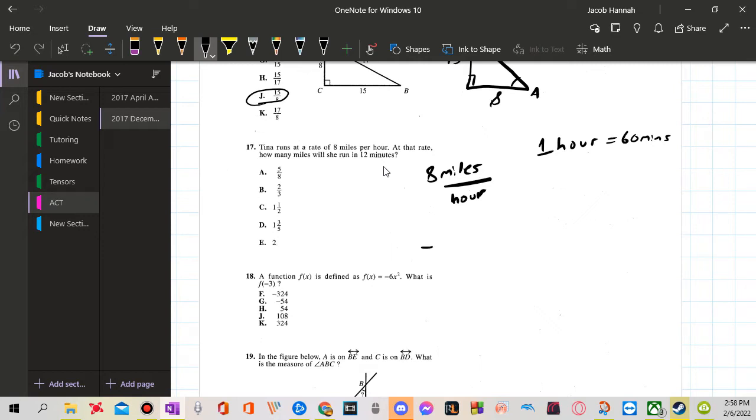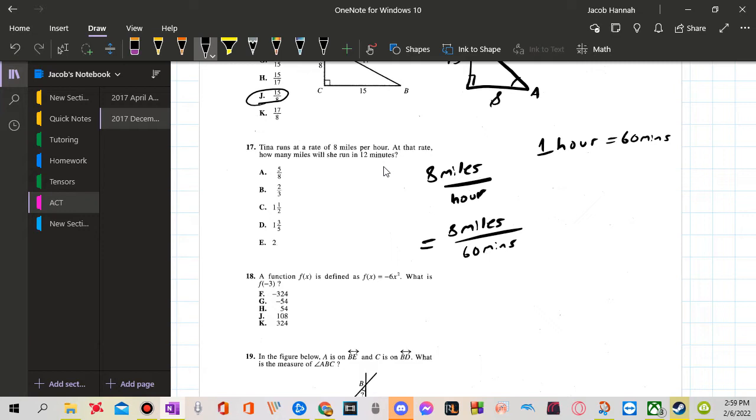So let's rewrite this as 8 miles per 60 minutes. How many miles will she run in 12 minutes?